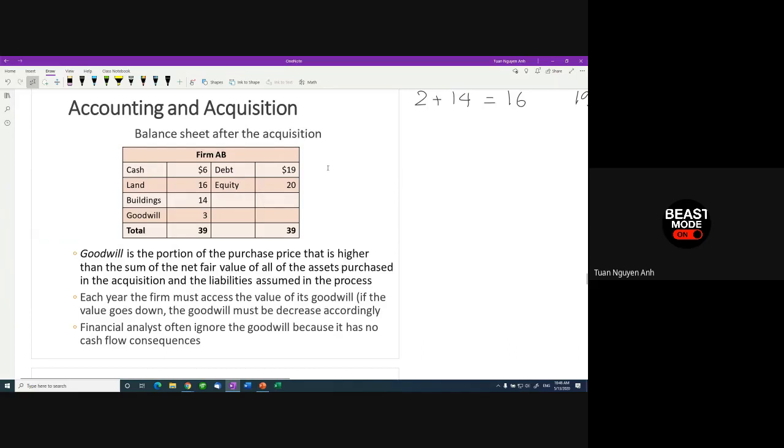So if there is some debt of company B, we have to subtract the liability of firm B. When you buy a company, you naturally become a debtor of that company. For example, if company B owes someone else 10 million, then when you buy company B, you effectively owe someone else another 10 million. That is why the word net is used here. They use net because we buy the assets at net value.